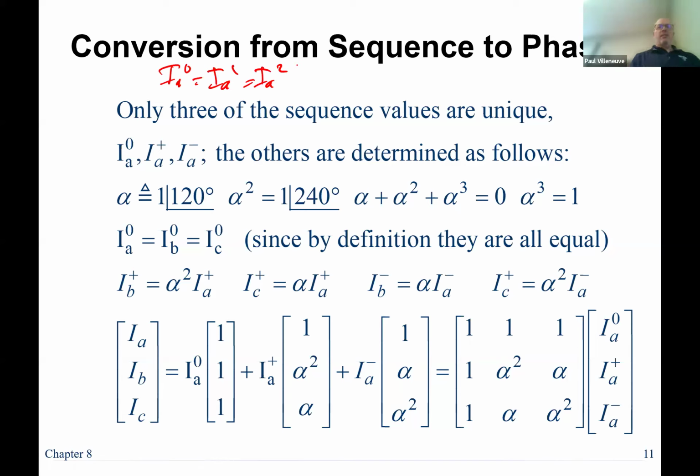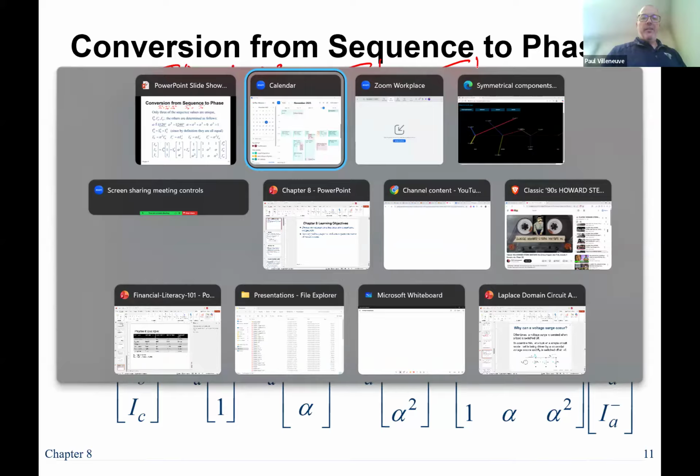And I wonder, IB1, does that look like IA1 at all? Doesn't look like it exactly, but it's close. What do I need to do to IA1 to get to IB1? Let's do it on the whiteboard over here.